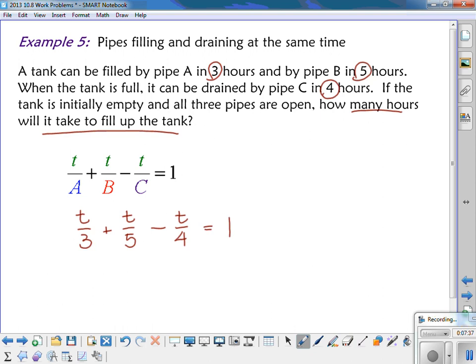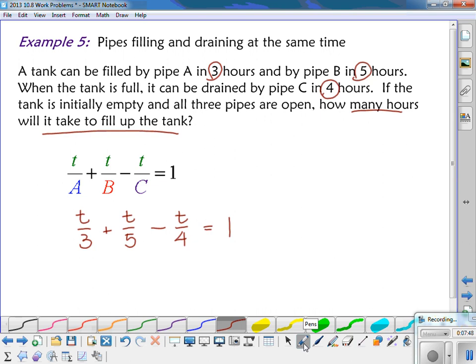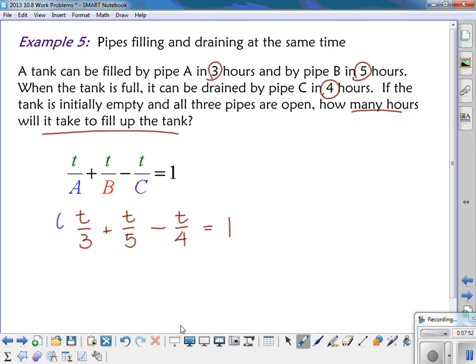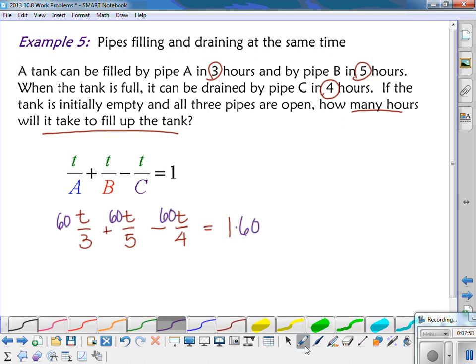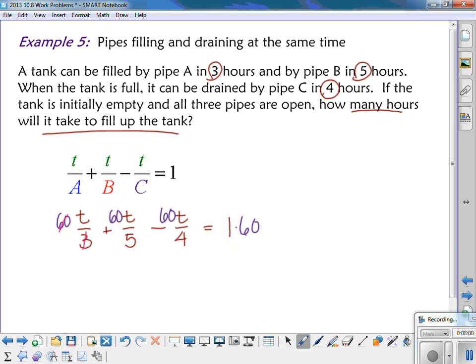So the LCD for 3, 5, and 4, they don't have any common factors, so you actually have to multiply them together. So what's 3 times 5 times 4? 60, yeah. So we're going to multiply everything times 60. And then we reduce it. So 3 goes into 60 20 times, 5 goes into 60 12 times, and 4 goes into 60 15 times.